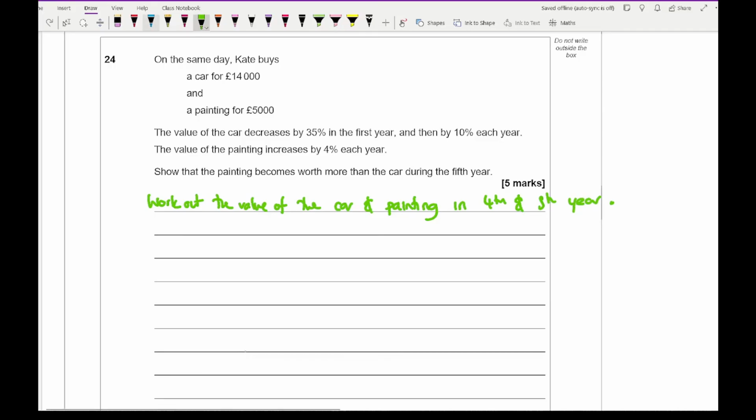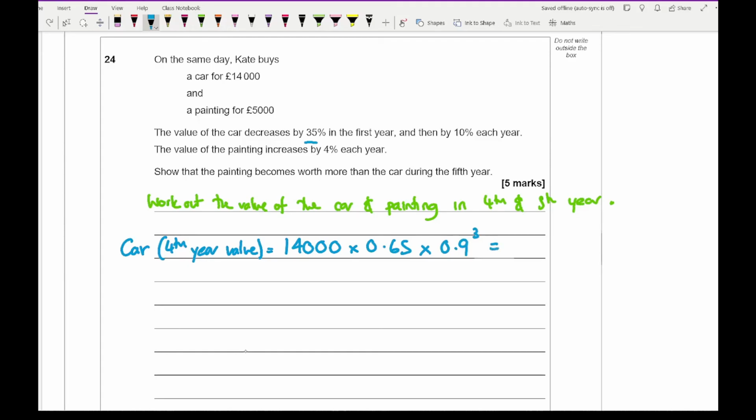So if we look at the car in terms of the 4th year value, well, that's going to be the original amount. Now the first year it decreased by 35%, so that's going to be 0.65, and then for 3 years it decreases by 10%, so that's going to be 0.9 to the power of 3.